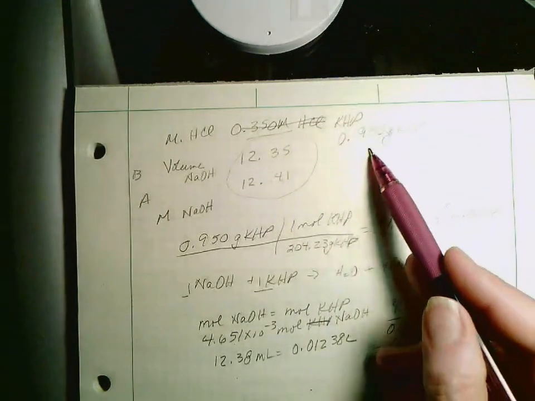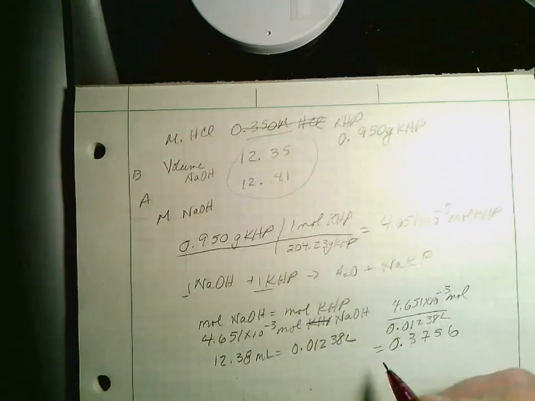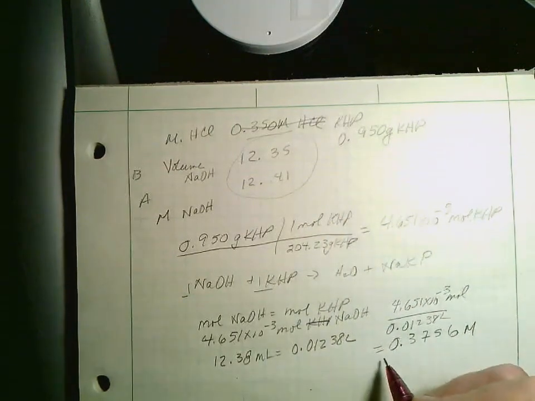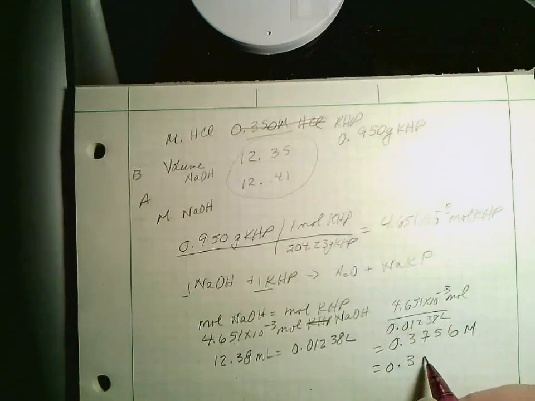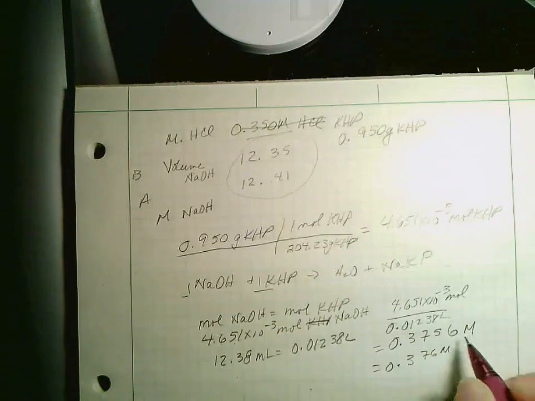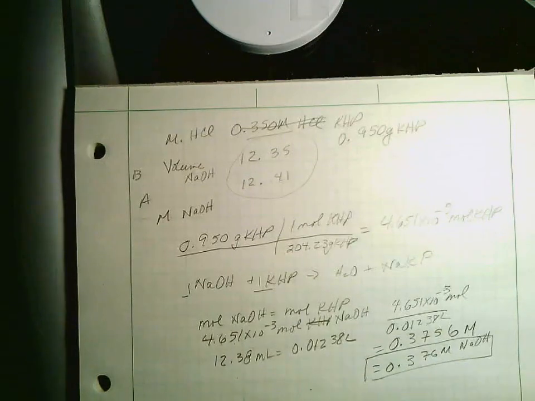I have 3 significant figures here and 4 here, so I'll have 3 in my answer. And that's molarity, so that's going to equal 0.376 molar NaOH. Okay, so that's how you do the calculations.